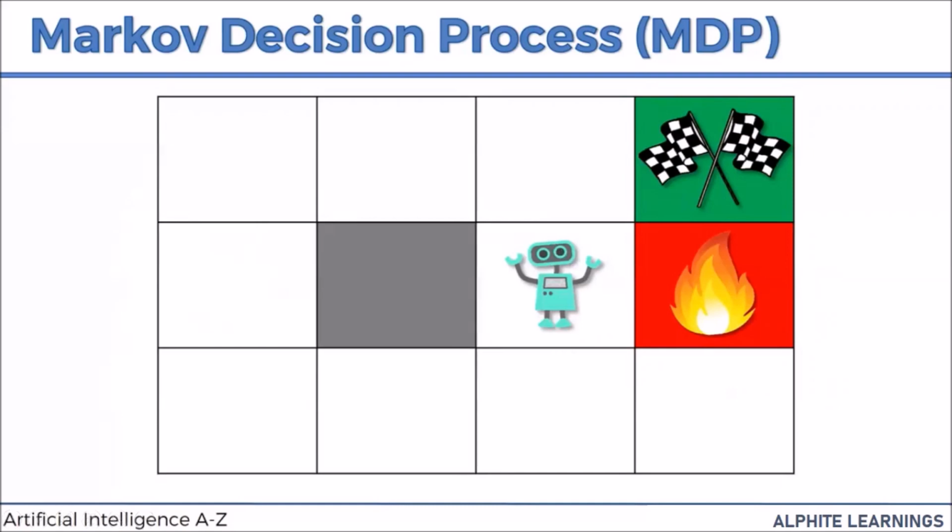We are going to see only the probability, the possible ways it can move. We don't want to see about the past, how it reached this state, the preceding states and all. We don't want to mention that.